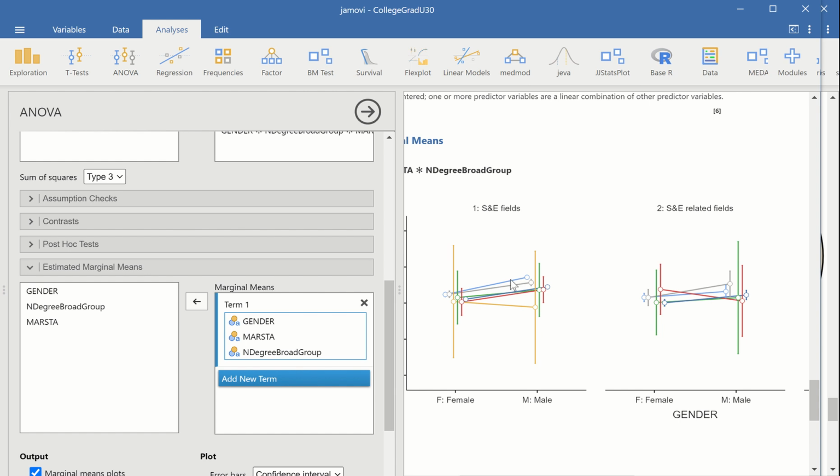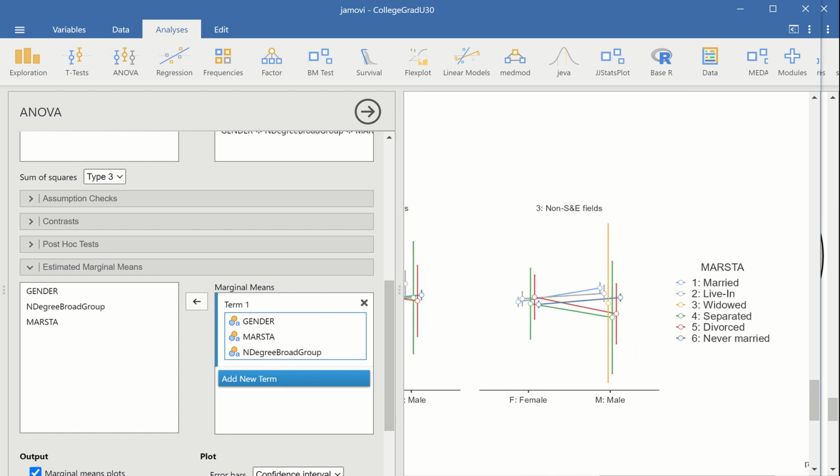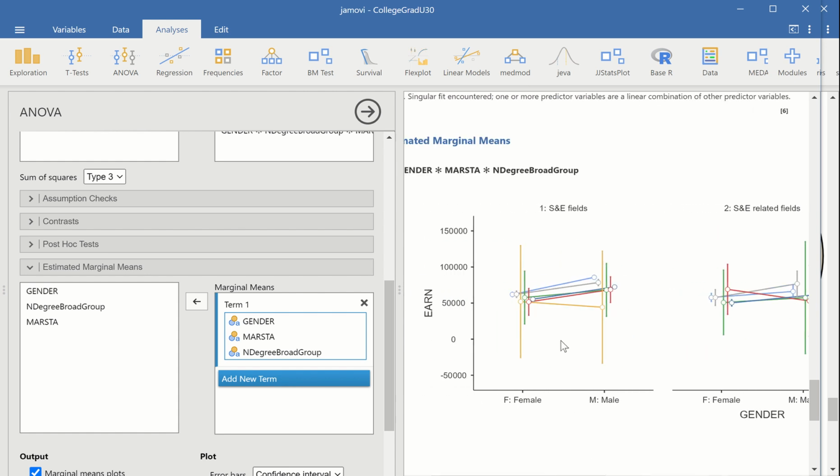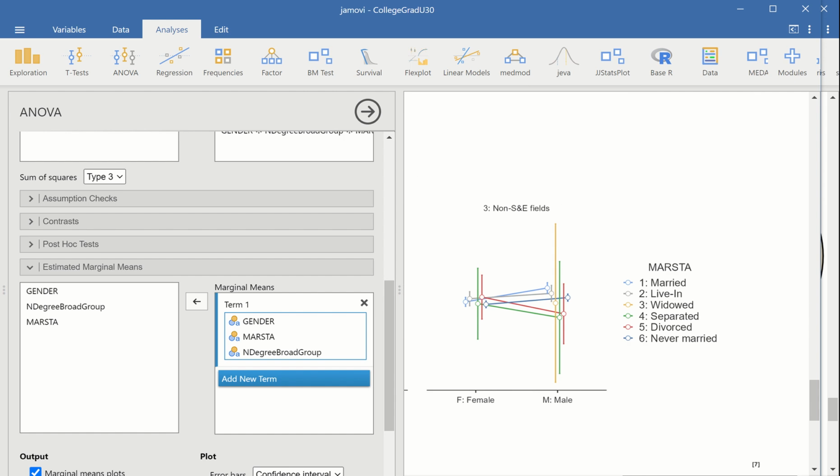We do see that, in fact, the light blues are the married, and we see that these males are here, those males are down there. So there is some support to that: married males make more money than unmarried males. So I guess all the sociologists doing research out there aren't necessarily wrong.